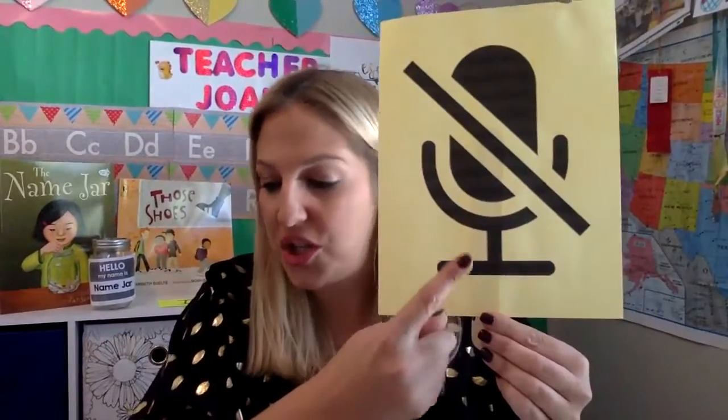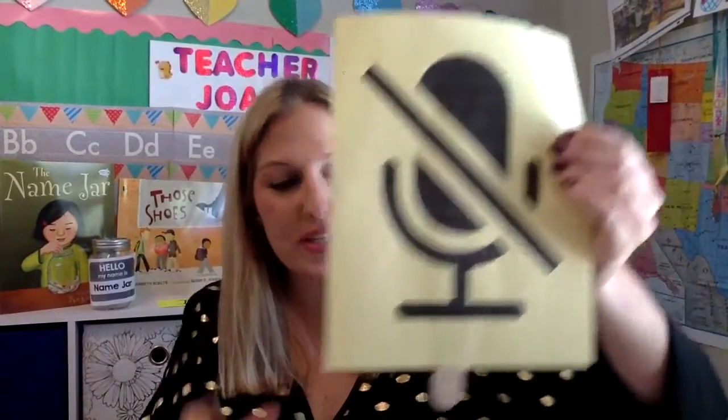So it might sound like this. Raise your hand if you know what 2 plus 2 is. I see you raising your hand. You are on mute. Take yourself unmute and say the answer. Very good. So we have unmute, mute, and raise your hand.